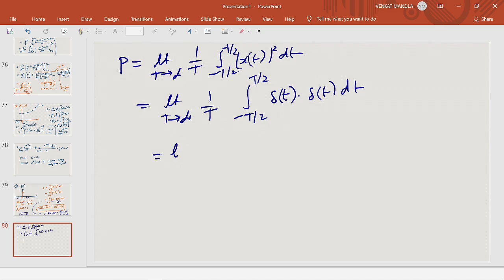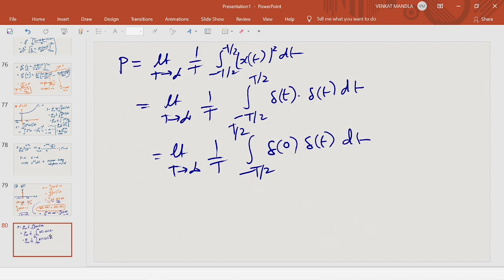One of the signals is x of t, then x of 0 into del of t dt. But this value is infinite. So limit T tends to infinity, 1 by T, integral minus T by 2 to plus T by 2 of infinity into del of t dt.